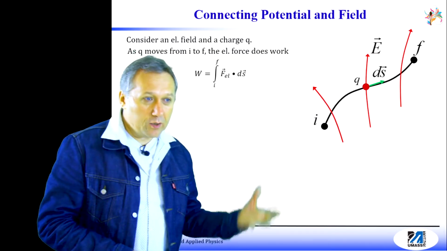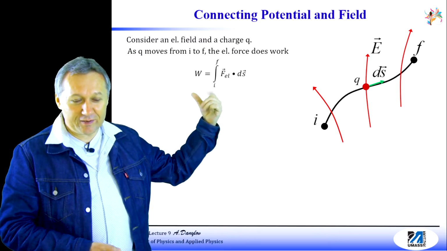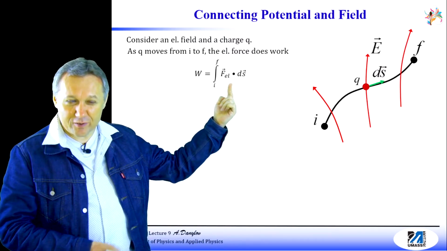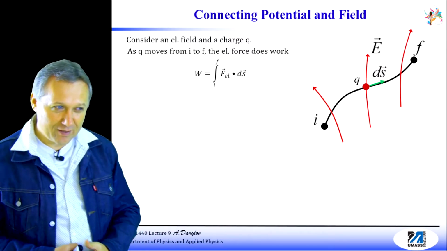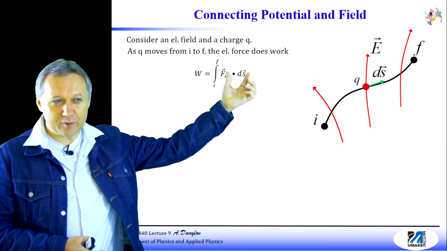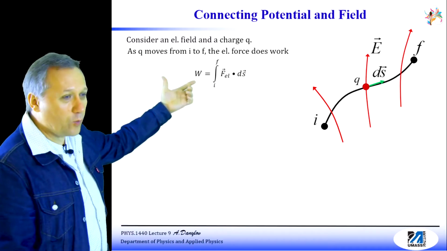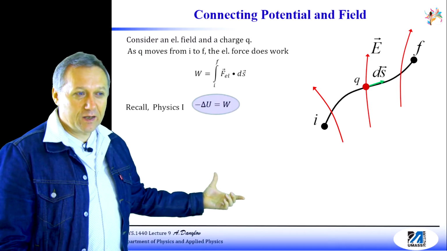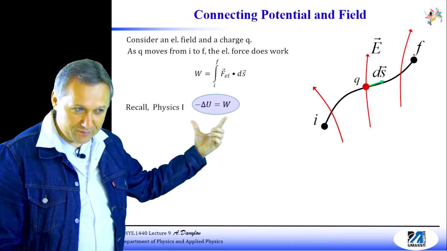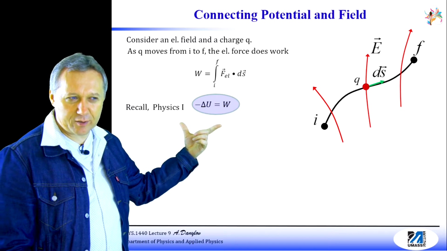Okay, so now look, where are we going to get our electric field and electric potential? Electric field is obvious, because electric force is directly connected to the electric field, qE. So, of course, electric field will appear on the right-hand side of the equation. Then work is also connected to the negative change in the electric potential energy. We used it, I think, in a previous class or a couple of classes ago.